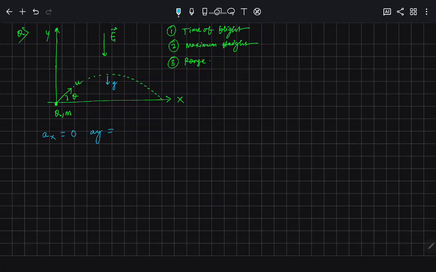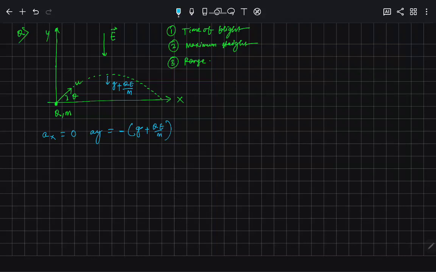Along with that, there is the electric field E, so the net force will be downward, Q into E, because Q is positive we have taken, right? So the net acceleration downward will be g plus QE by m, the force divided by the mass. If this is acceleration downward, we put a negative sign. Previously we write only g, now we have to write QE divided by m.